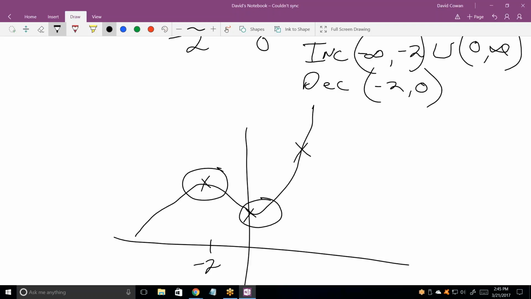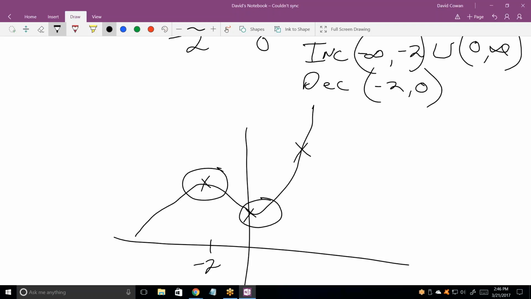Your local extrema are always at most one less than the degree of the polynomial. So when you're looking at a quadratic, you're only going to have one local extrema. It'll either be a minimum or a maximum. But when you're looking at a cubic, you have two.